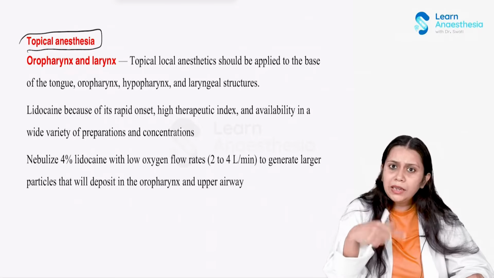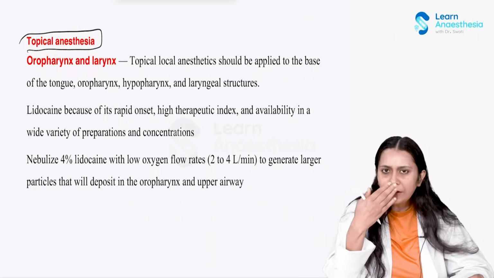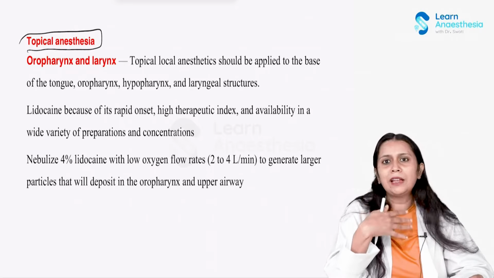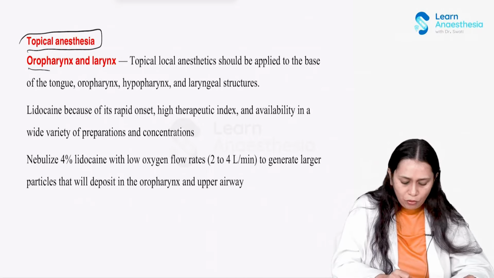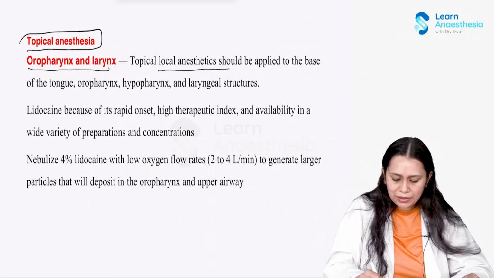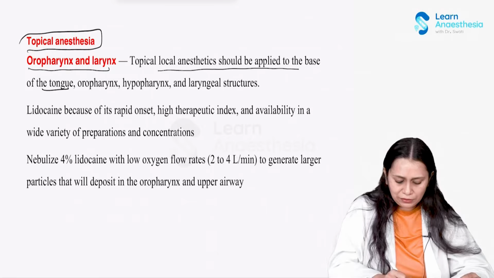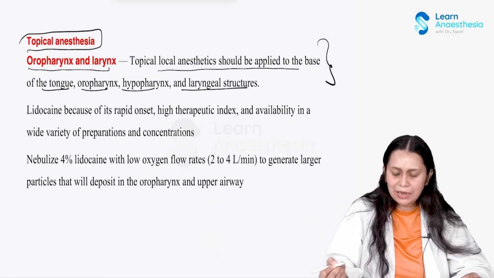For the nasal route, we have to anesthetize the nasal cavity as well, and definitely the oropharynx, the hypopharynx, the larynx, and the trachea. For oropharynx and larynx, topical local anesthetic should be applied to the base of tongue, oropharynx, hypopharynx, and laryngeal structures.